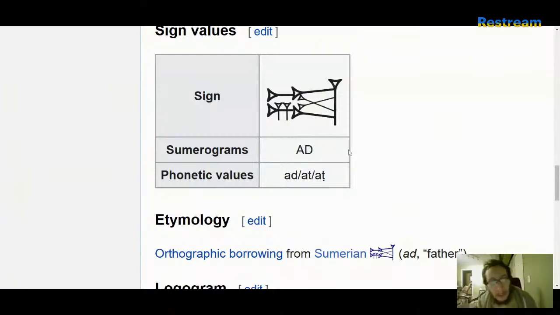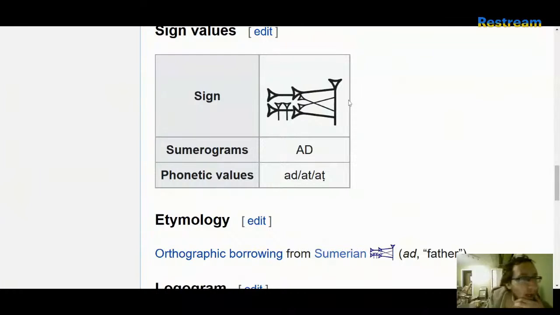But in other places, if you have a Hebrew or Akkadian word that has the sound ad in it, you can also use this word to mean the pronunciation ad, rather than the meaning av, father.